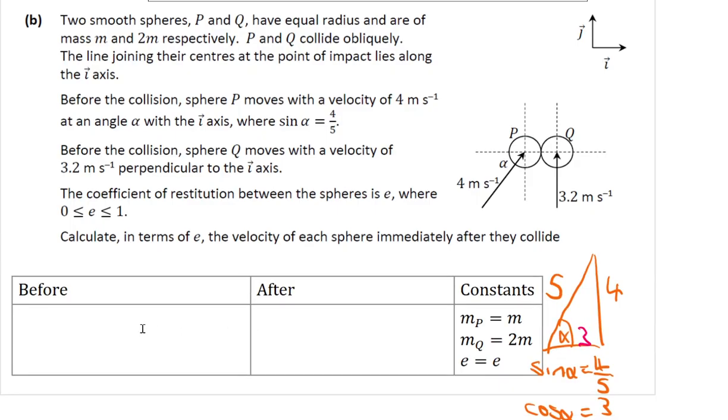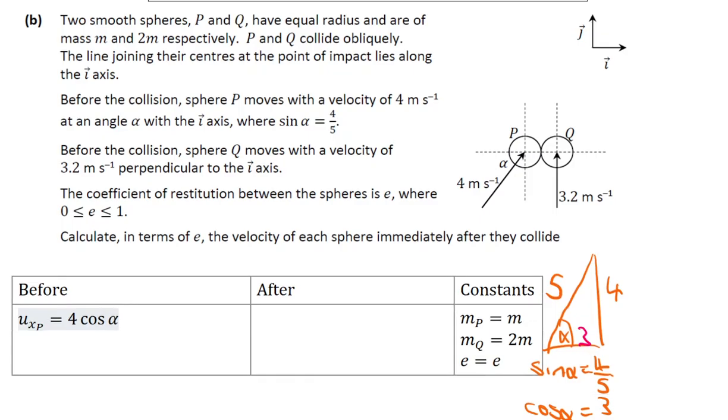So what we know now is u x of p. The left-right speed of p before the collision is 4 cos alpha. Now, how did I get the 4 cos alpha?